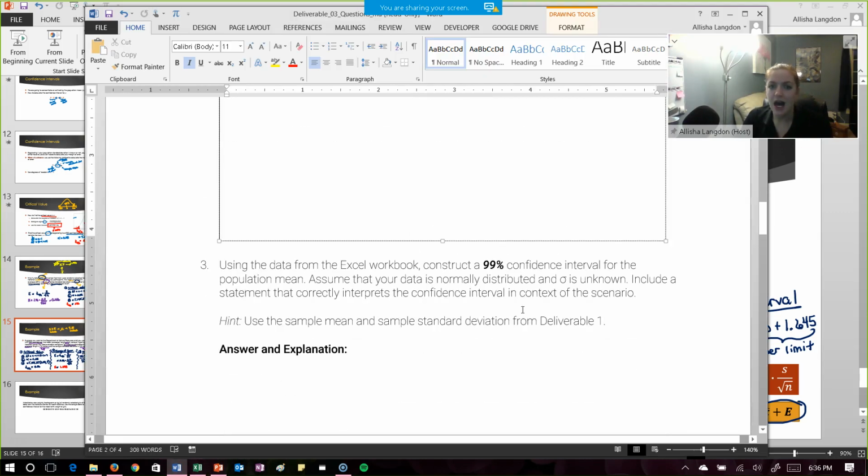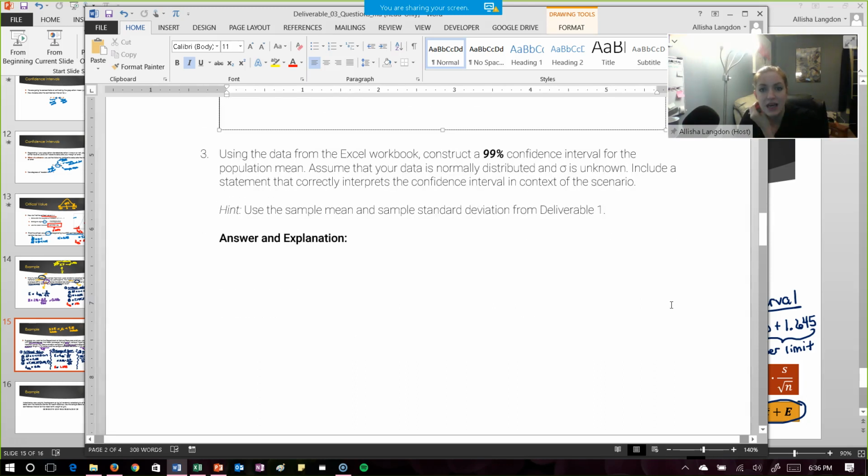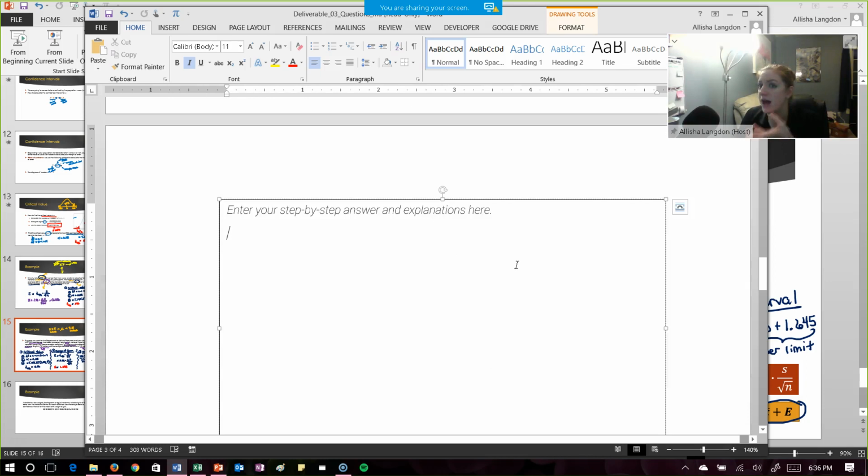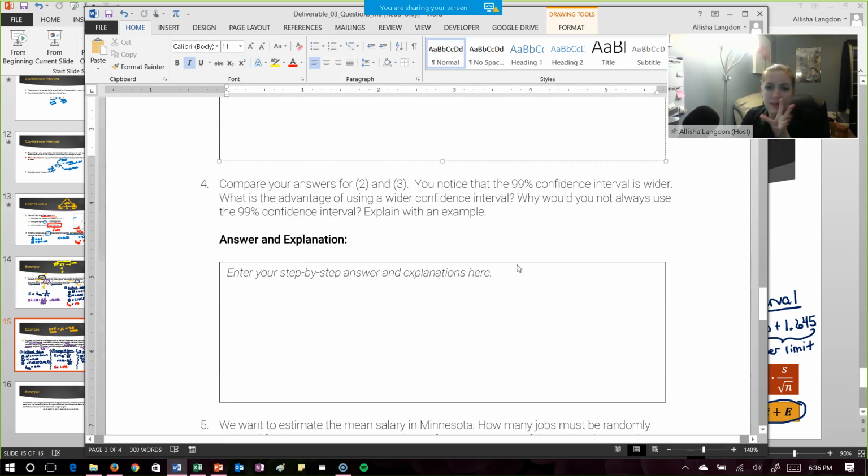Number 3, we haven't exactly done this problem yet, but it's the same type of idea. The only thing that's different is that we have a 99% confidence interval that we're trying to do instead. You could start on that. We've talked about everything you need to know, but we will be doing a problem like that.